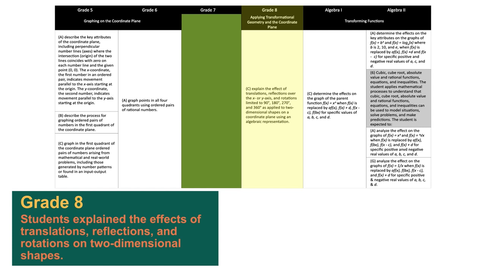It's important to remember that students often have a disconnect between what they learn in 8th grade and the transformation of functions. They think transformations only apply to geometric figures and rarely see the connection between the figures and functions.